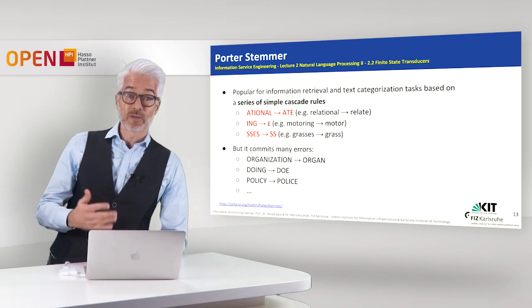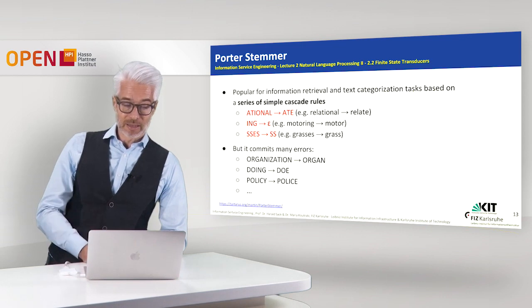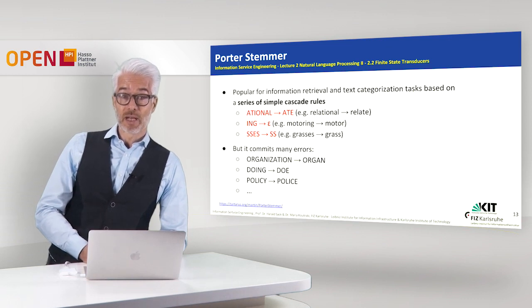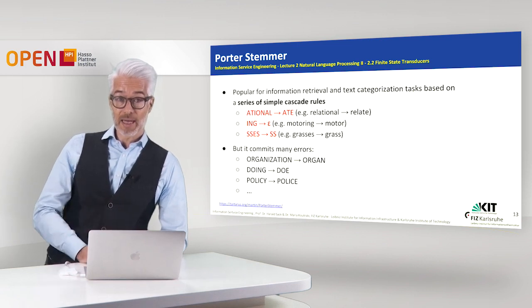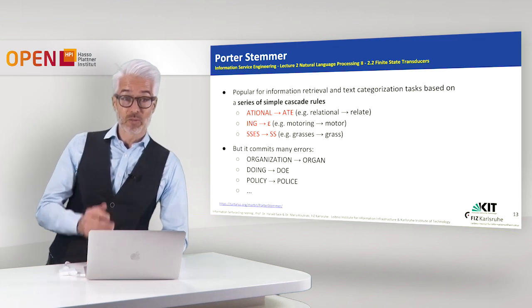And it works based on a series of simple cascading rules, and it's able to detect, for example, also rather complicated changes. So, for example, if you have the ending ational, like in relational, it can find the stem form relate. So ational will be substituted by ate, or ing will be substituted by nothing, which is an epsilon.